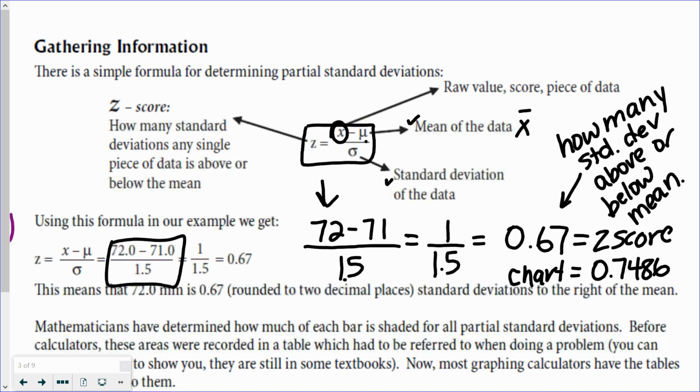We talked a little bit about this yesterday: we call the area under the curve equal to 1, which represents 100%. So 0.7486 out of 1 represents 74.86%. Sorry, there's not enough room for me to write all of those things. So that's how we use the chart. That gives us the area under the curve.